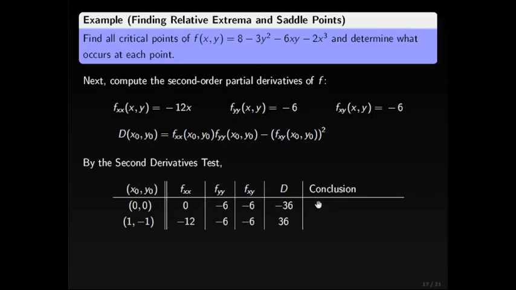According to the second derivatives test, if D is negative, then the corresponding point is a saddle point. Now for the critical point 1, negative 1, D is positive, so we have to check the sign of fxx at 1, negative 1. Since it's negative, then by the second derivatives test, it must be a relative maximum.